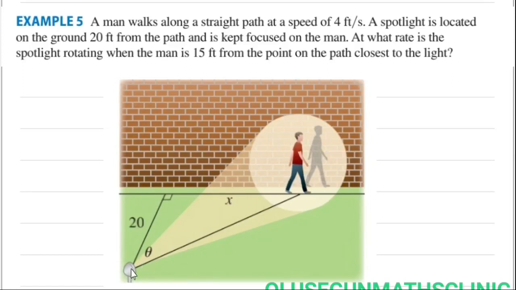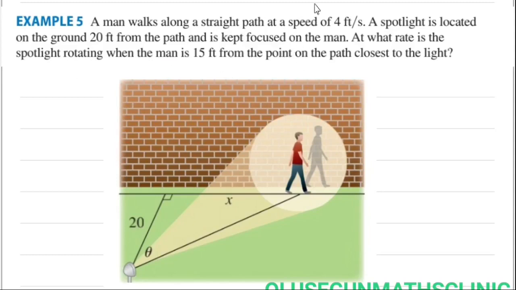At the moment it starts here, you see that the beam is focusing on the man and the angle is moving. So now the question says, at what rate is the spotlight rotating when the man is 15 feet from the point?